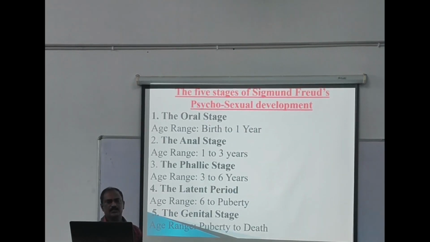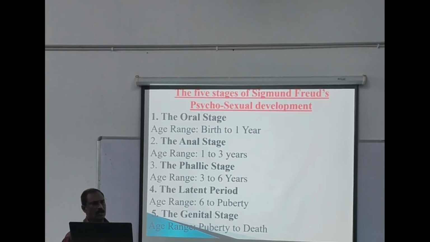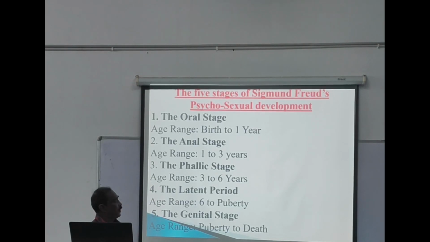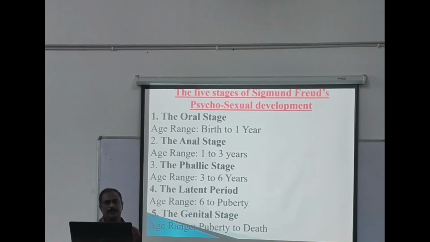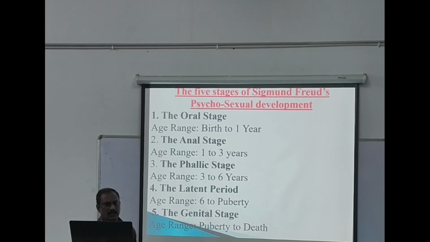The 5 stages of Sigmund Freud's psychosexual development. The first one is the oral stage. This age ranges from birth to 1 year. The second stage is the anal stage, age range 1 to 3 years. The third stage, the phallic stage, age range 3 to 6 years.